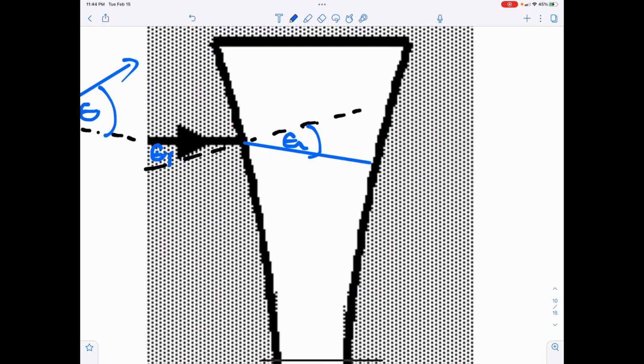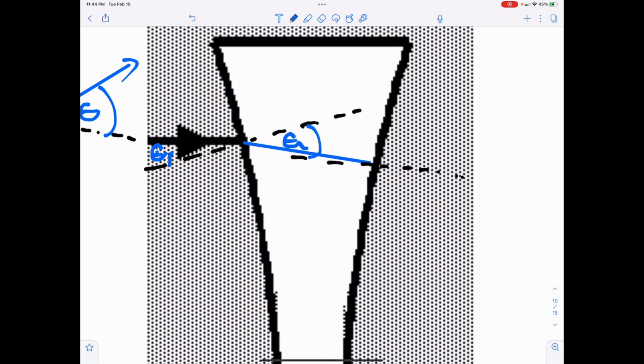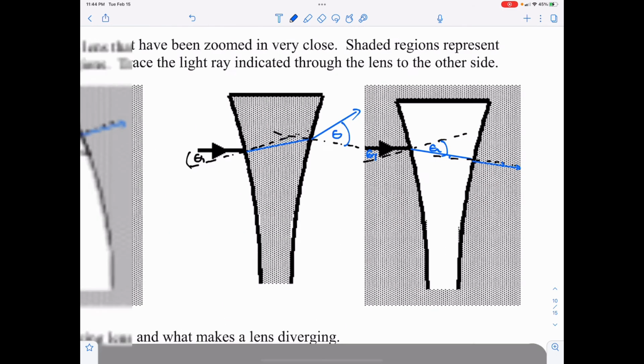Then I get to this surface, and I'm now going to be refracting closer to that normal. There's my theta 1, and I'll be refracting closer to it on the other side. Looks something like that.